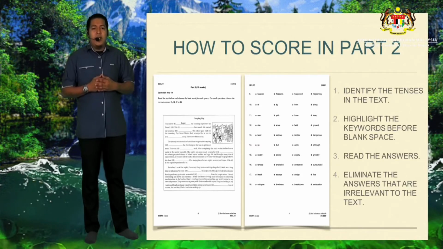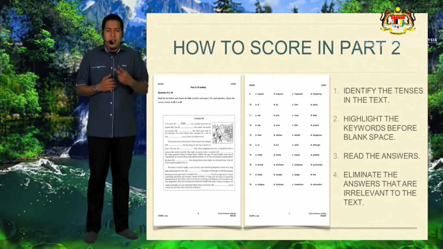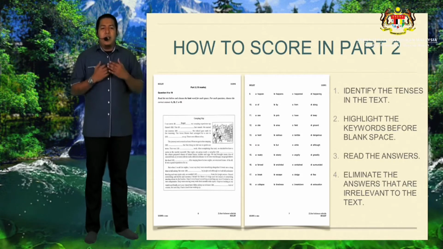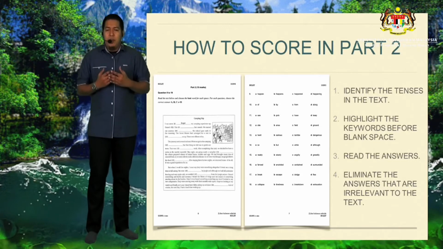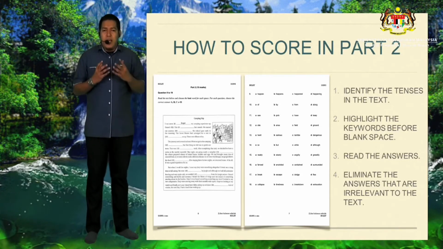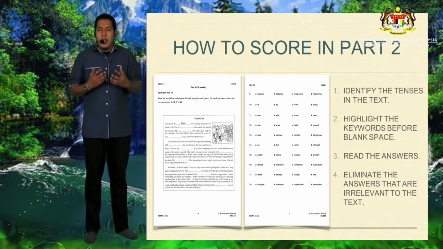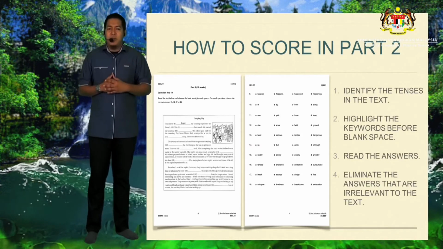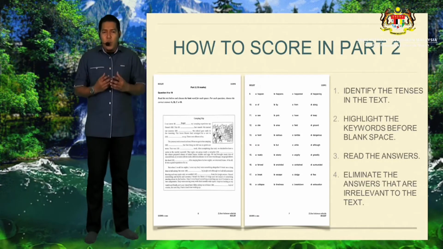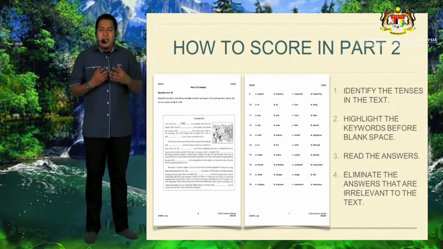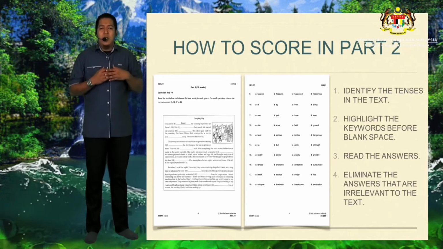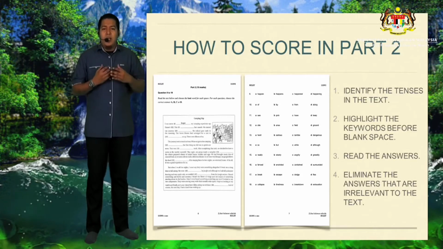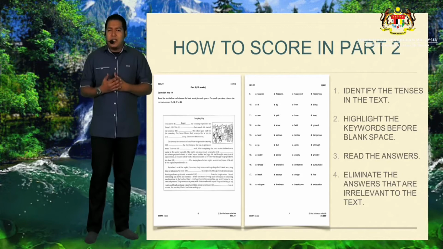Look at number 2. The second tip is to highlight the keywords before the blank space. Why? Because the clue is there. If you don't highlight the keywords before the blank space, you don't know whether the sentence is correct, and you don't know whether the tense is past tense or present tense.